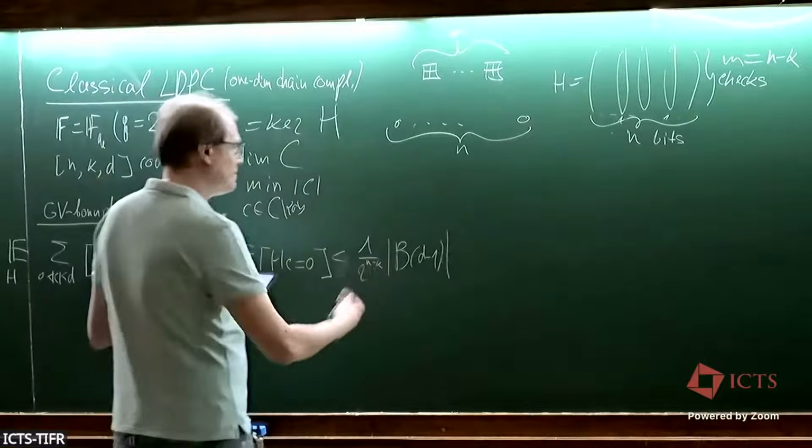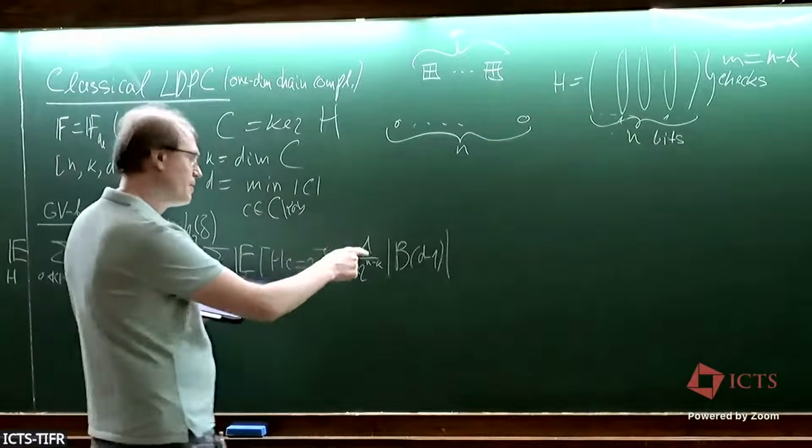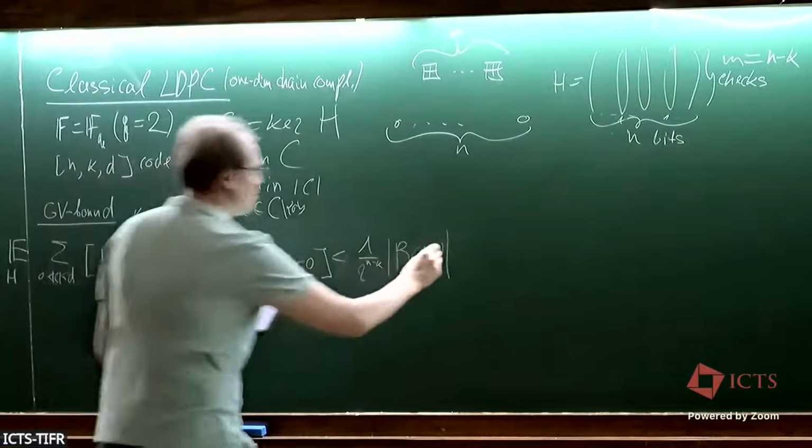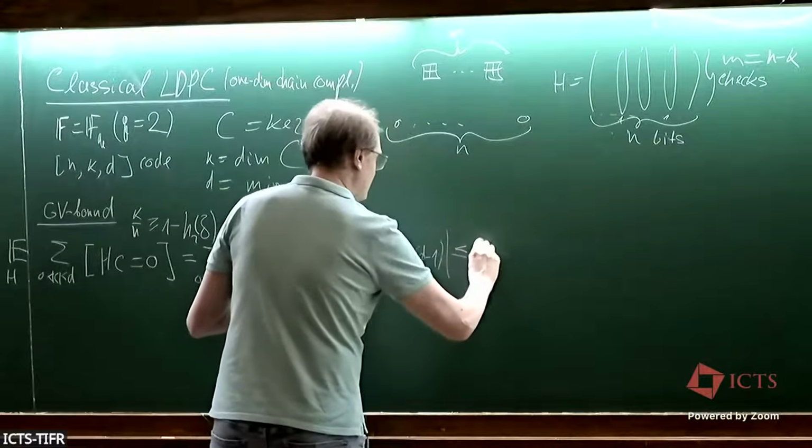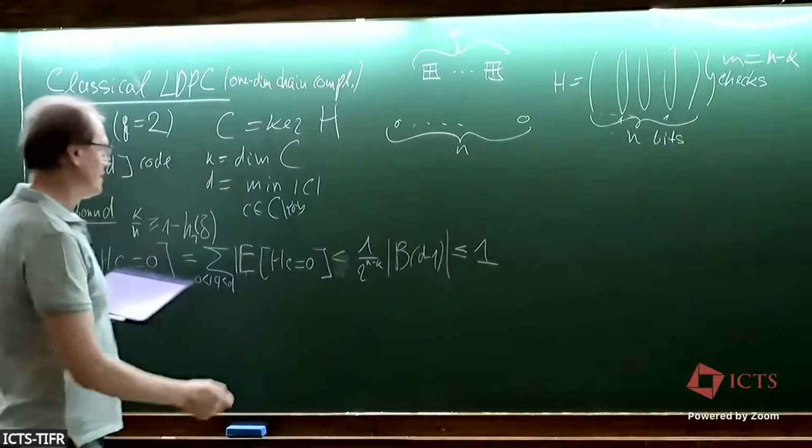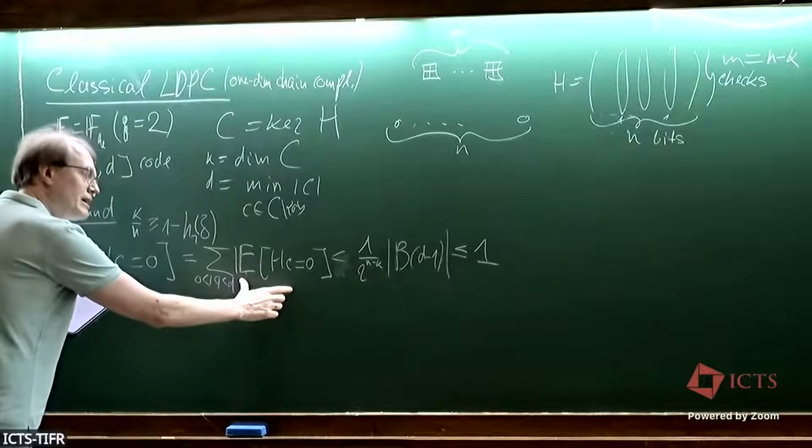The magic trick is that if this value is no more than 1, then this expectation is strictly less than 1.